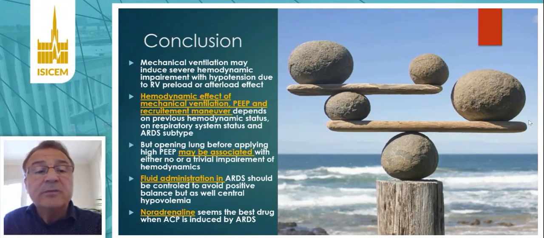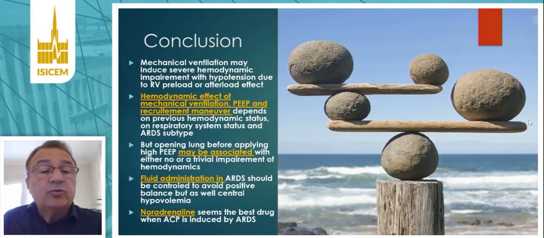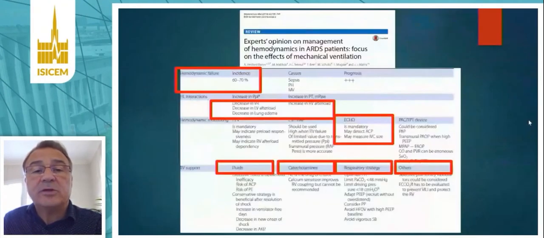But opening the lung before applying high PEEP seems really necessary to avoid the impairment of the hemodynamics. And regarding the fluid administration, you have to avoid a too positive balance, but also avoid a central hypovolemia. Noradrenaline, for us, seems to be the best drug to use when acute cor pulmonale is associated with ARDS and hemodynamic impairment of the patient.